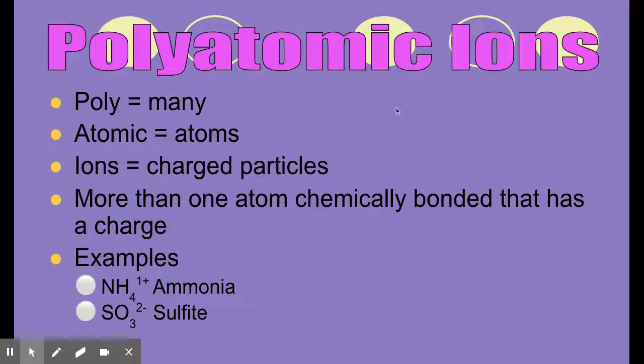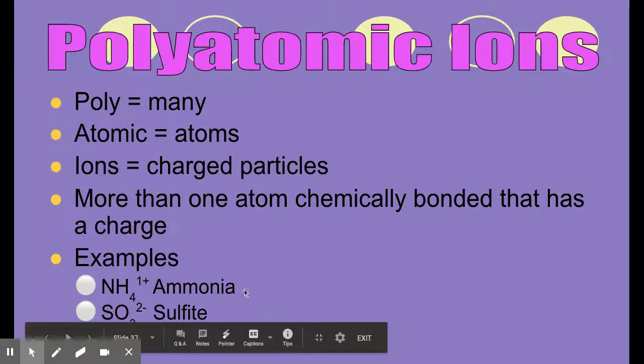But polyatomic ions are ions that are made up of many atoms, which is where you get your poly and atomic, okay? We know that ions are charged particles, so that's where this name comes from. It's many atoms of charged particles. So it's more than one atom that's chemically bonded, and the overall molecule has a charge. Examples of that could be down here.